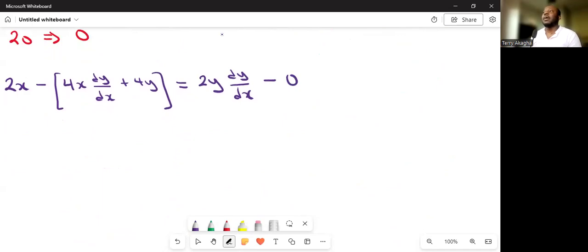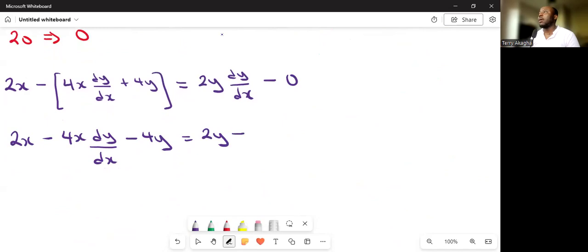Then we'll open the bracket. So it's going to give us 2x minus 4x dy over dx minus 4y equals 2y dy over dx, minus 0 will cancel out.